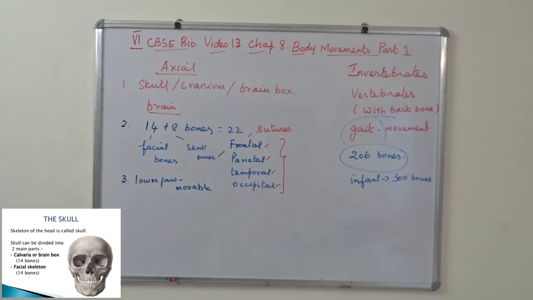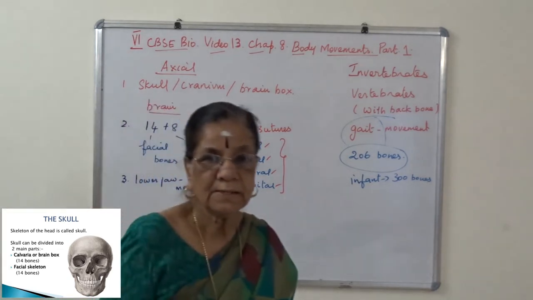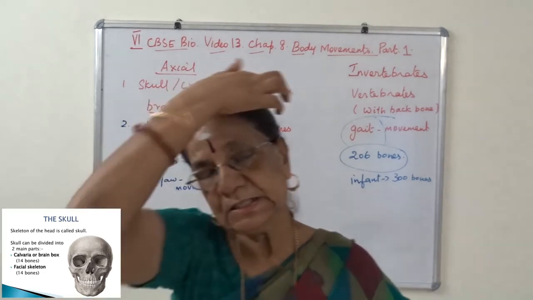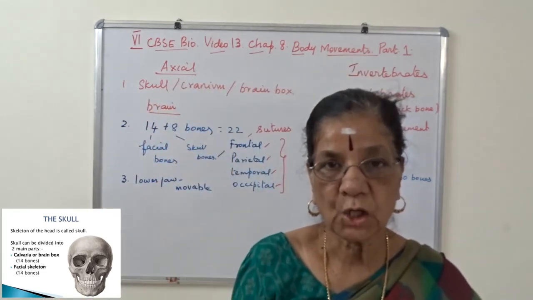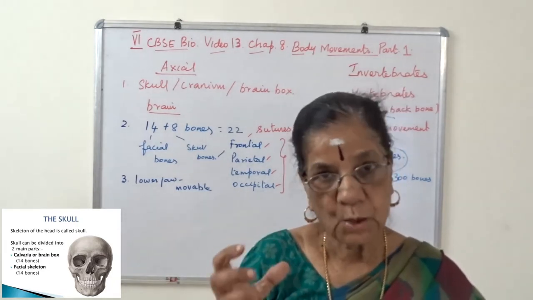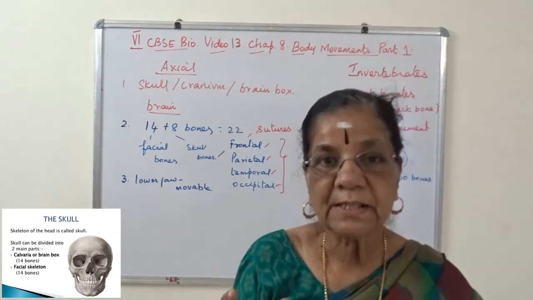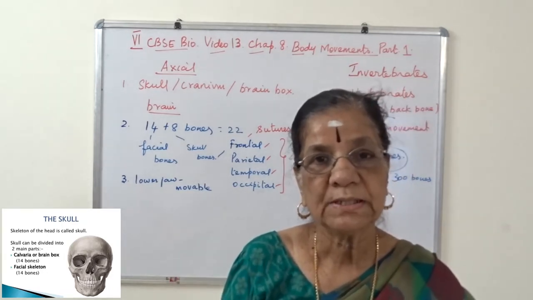Right? And then this skeletal system is again formed of different sizes and shapes of bones, as they may be long bone, short bone, flat bone, round bone, irregular bone. What does it mean?